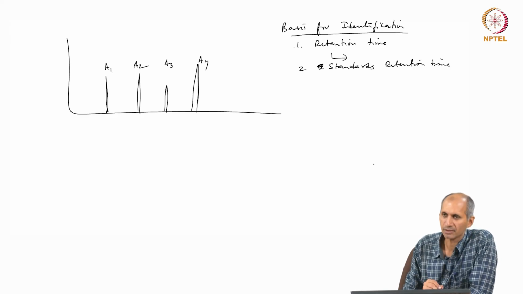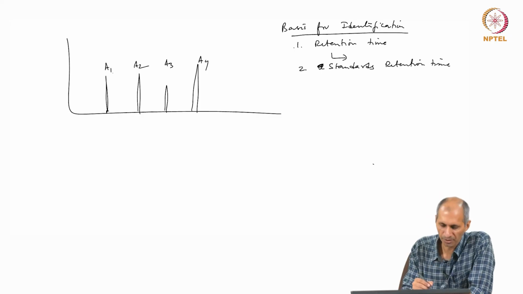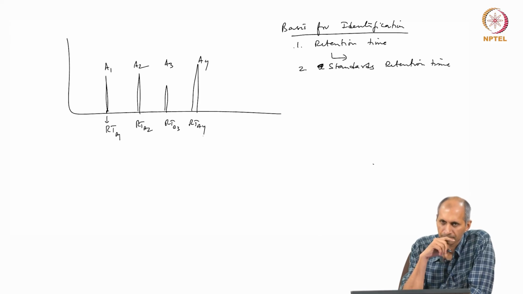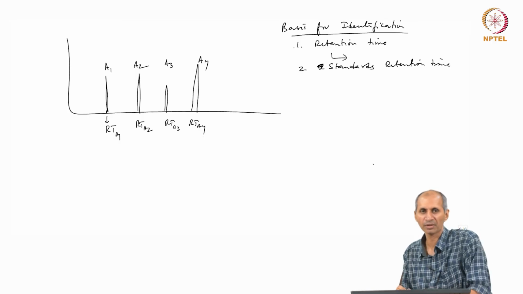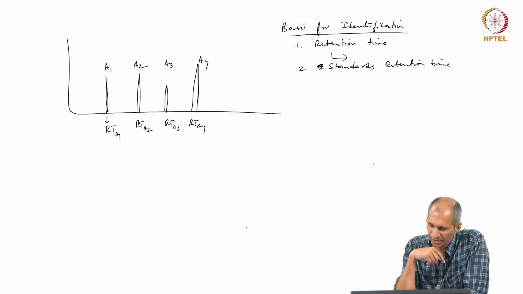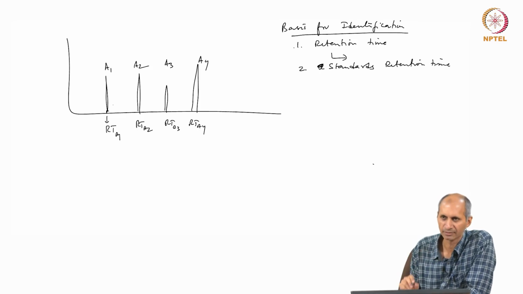You inject A1, only A1, and then you know where it is coming. This is the retention time for A1. Then you inject A2, you know the retention time for A2 and so on. You have also verified it because now you have checked it with that particular compound, and therefore, you have a fairly good confidence that A1 is the compound that will come at that retention time.